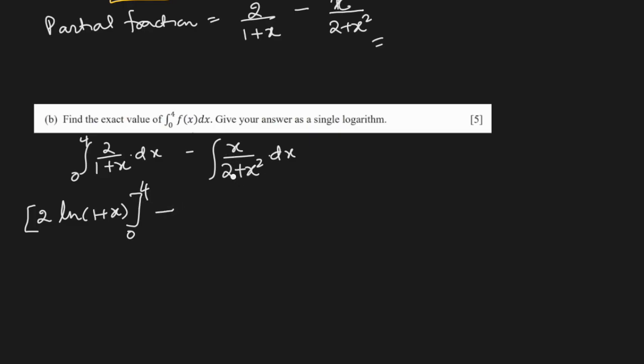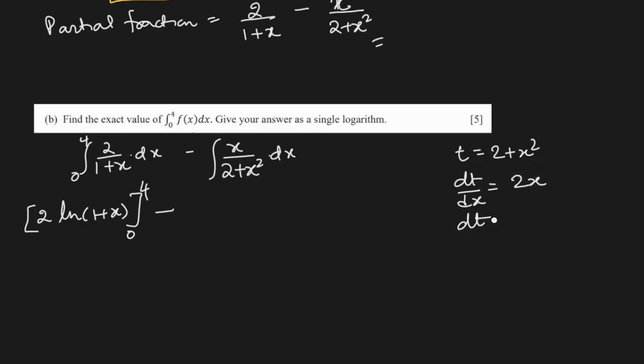Now here, if you see, the numerator is degree 1, denominator is degree 2. Let's assume t equals 2 plus x squared, so dt over dx will be 0 plus 2x, so 2x, right?